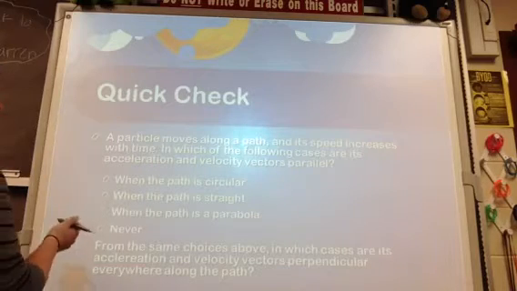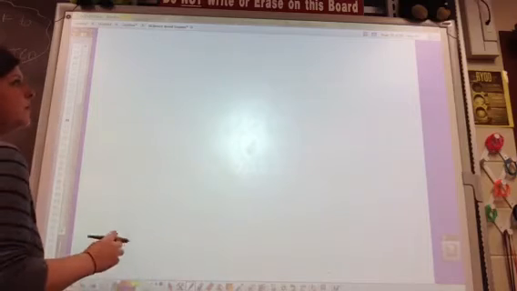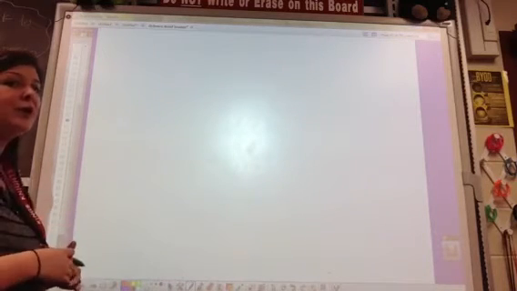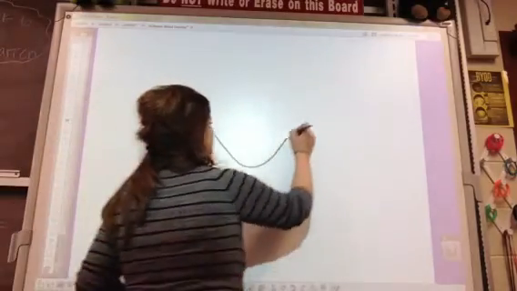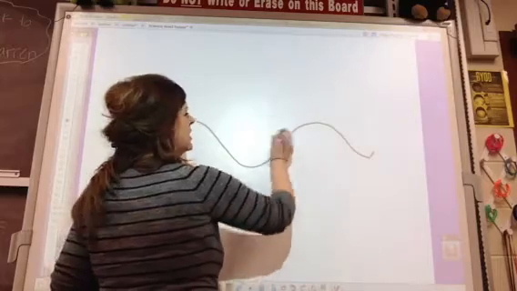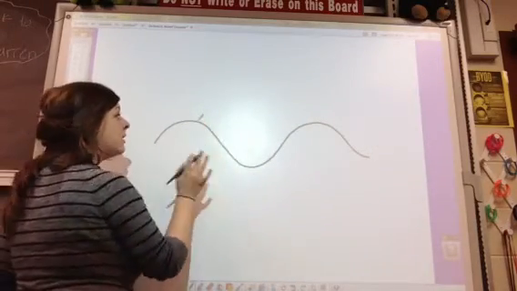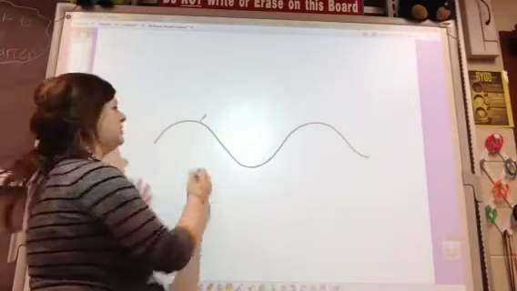In that case, I'm not going to see my acceleration and velocity vectors be perpendicular everywhere. So I could be moving along some type of curved motion, and if it's speeding up, remember, if my velocity is not constant, I'm going to get some overall total acceleration vector.